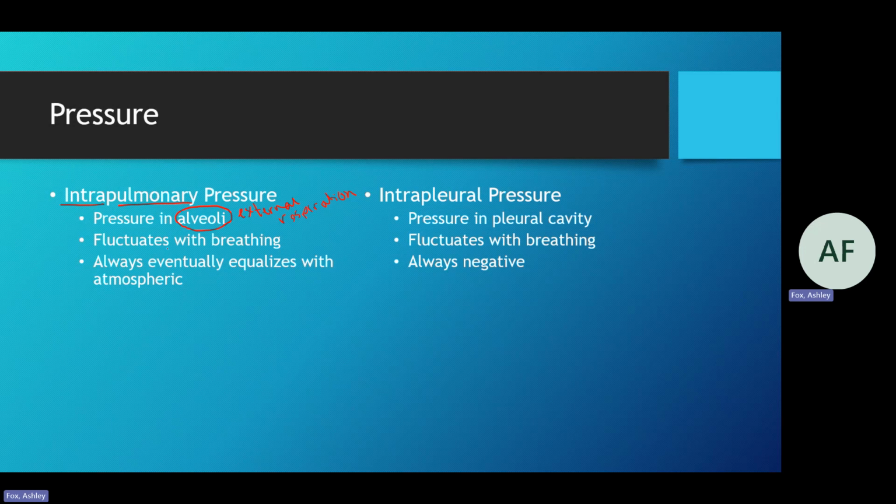This pressure changes with breathing because this is where it's going in and out of. It's going to go into the alveoli and then into the bloodstream through external respiration. It's going to go out of the bloodstream into the alveoli and out of the lungs for external respiration if it's carbon dioxide.